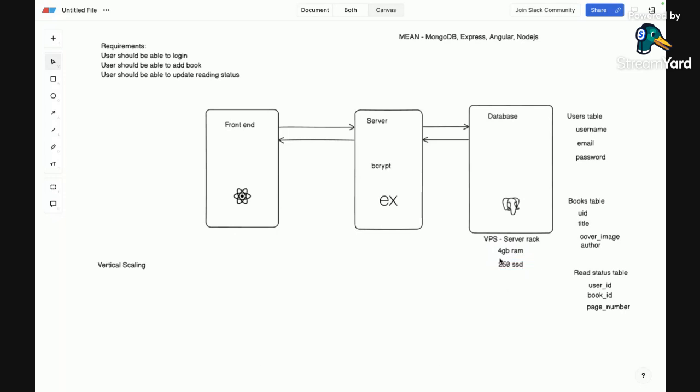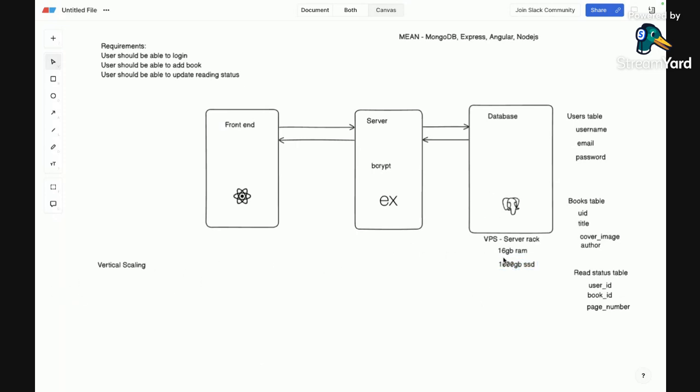What you can do is, if it's your server rack, you could buy 16 GB of RAM and replace the 4 GB with the 16 GB RAM, right? You can do some backup, download, and push the data to a new SSD. You can have a 1000 GB SSD or 1 TB SSD. So this is vertical scaling.